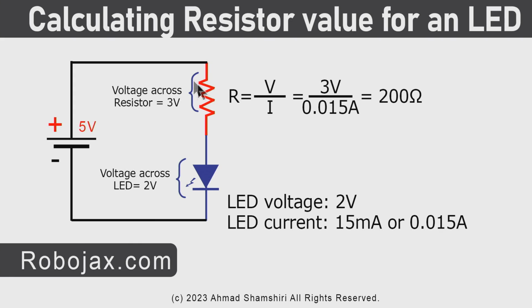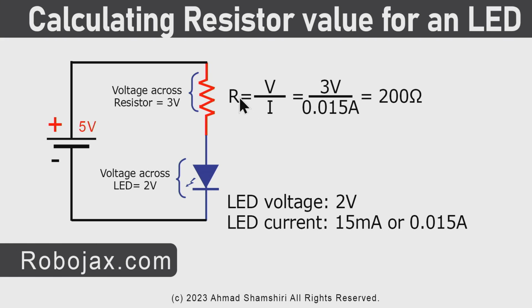Because this is a series circuit, the current that passes through this LED will also pass through this resistor. Now, to calculate the value for this resistor, because we know we have a 5 volts power supply and 2 volts will be provided for the LED, 3 volts will remain here for the resistor.